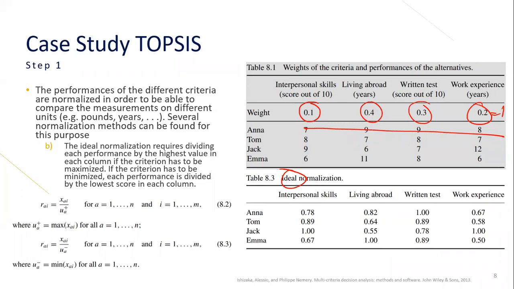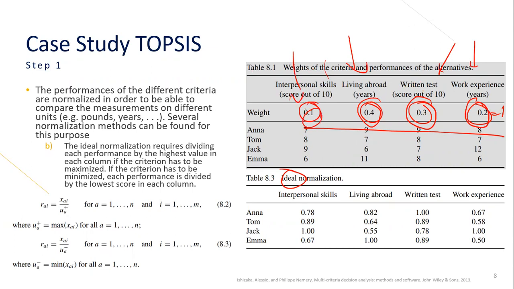This is the subjective thing that the expert needs to give. So for example, if you are the expert, you will say, okay, I think living abroad is the most important one. So I put the highest weight, 0.4. After that, maybe the written test result, so 0.4 here. And then the working experience, and then the last one, interpersonal.